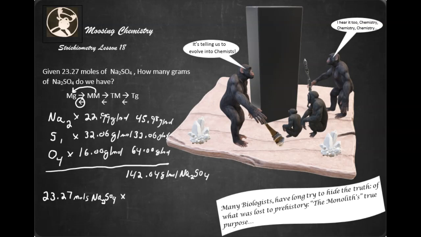Okay. Times 142.04 grams of sodium sulfate. We want that on the top because that's what we're looking for, because we're looking for how many grams. So we're going to put that over 1 mole of sodium sulfate.